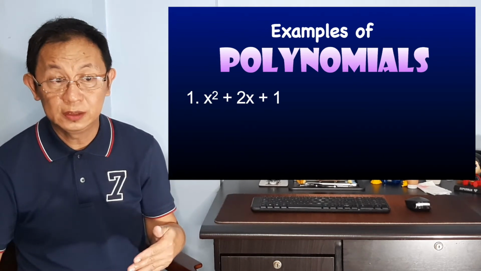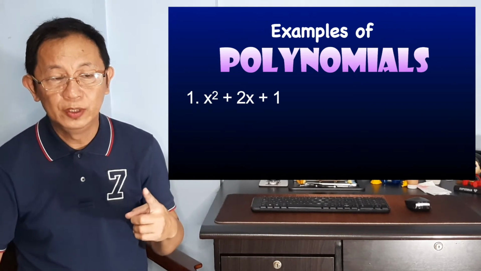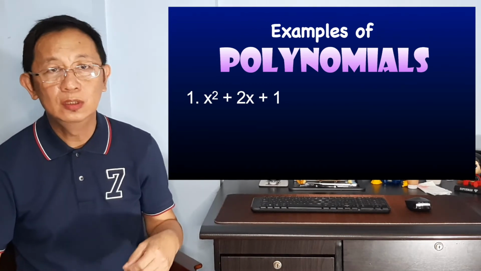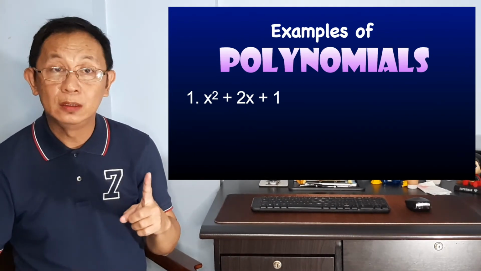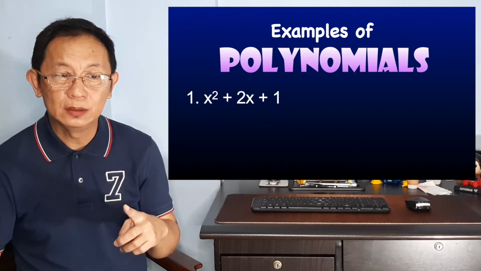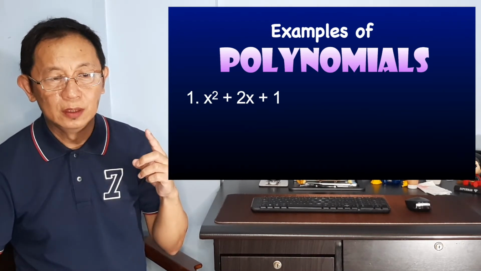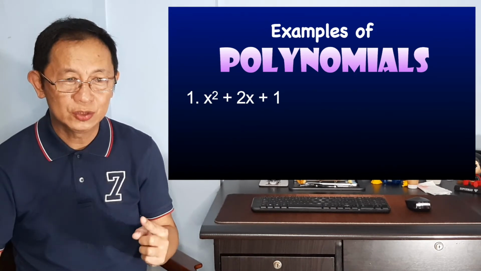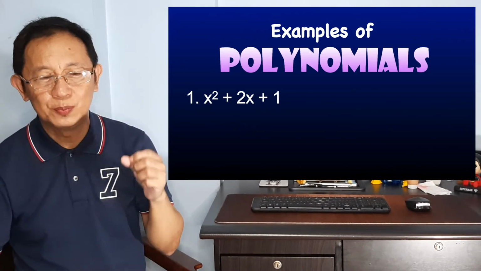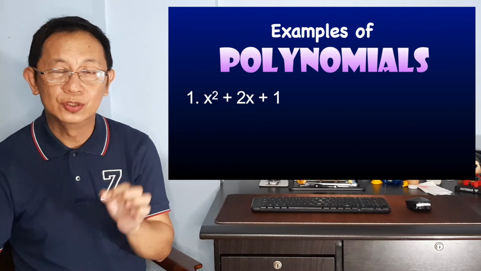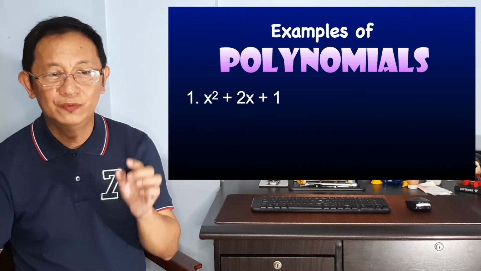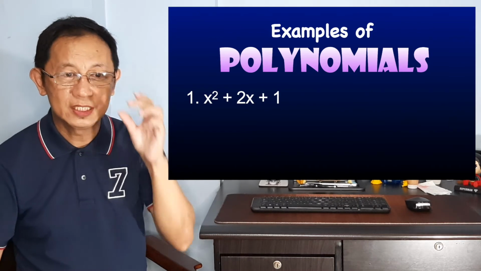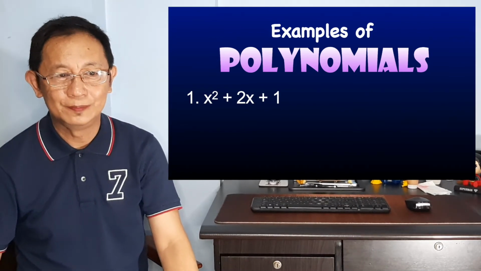Yung x, 1 ang exponent, 1 is a whole number. Yung 1, ano exponent? Meron niyang x to the 0 power. Parang 1x to the 0 power. So, yung exponent ng x ay 0. So, 0 is a whole number. So, therefore, x squared plus 2x plus 1 is a polynomial.